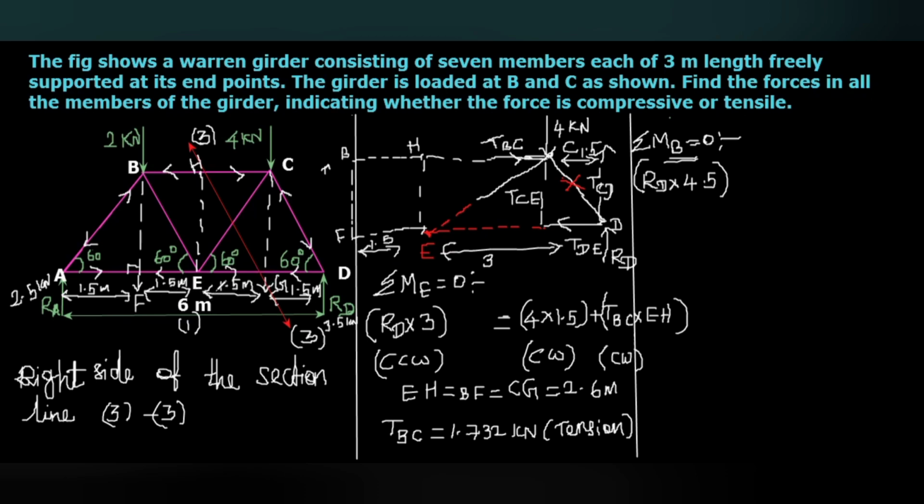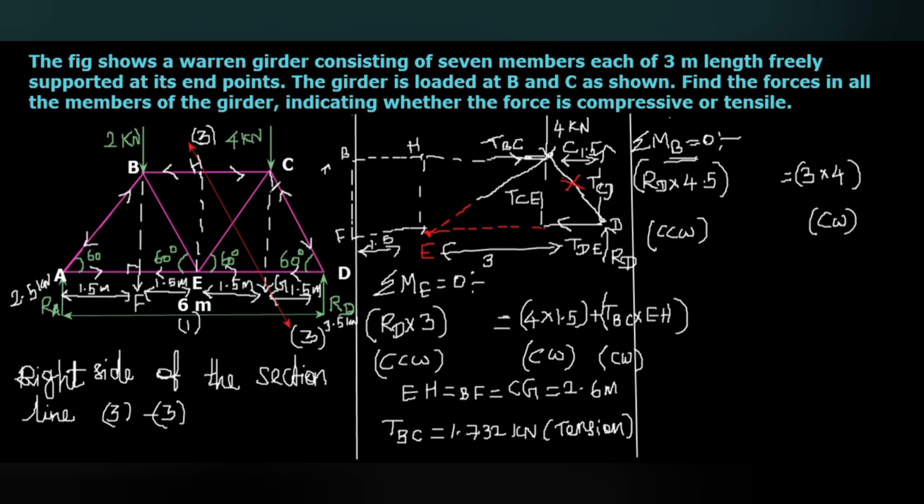This side 1.5, this side 1.5 from the point B. So 4 kilonewton multiplied with 3. This is clockwise, so that has to be added in this direction. This one is counterclockwise, this one is clockwise.